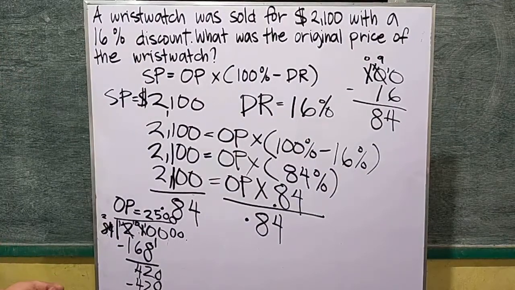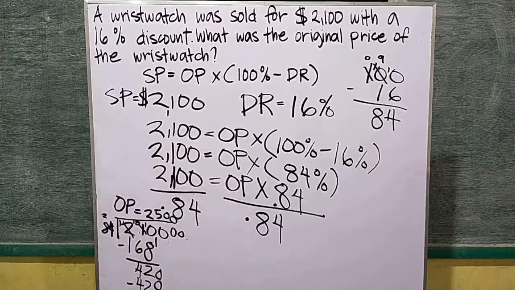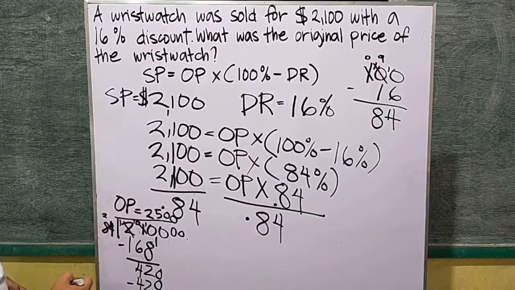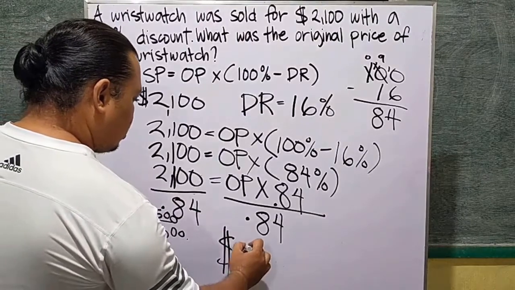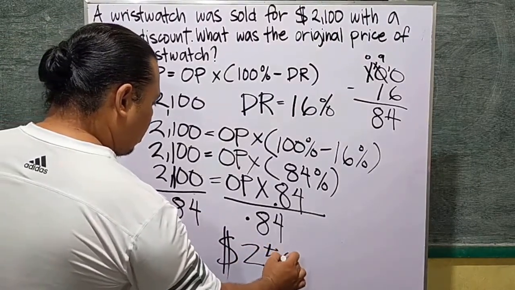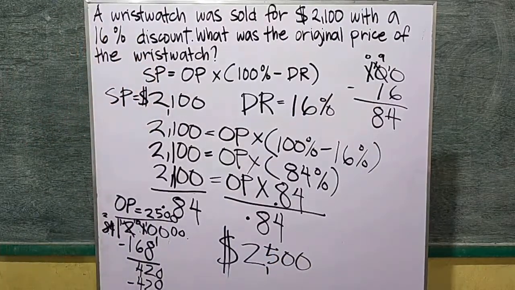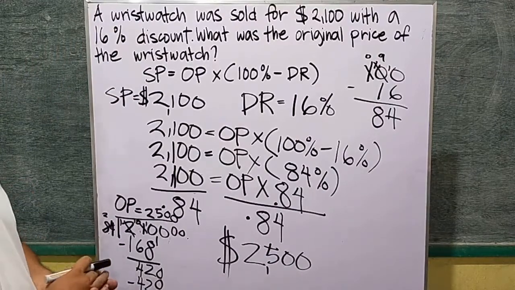That's what we are looking for. So using the formula, we have come up with $2,500. So that is the original price of the wristwatch. Okay, so that's how we apply percent.